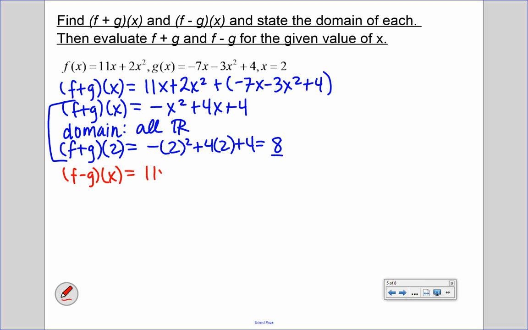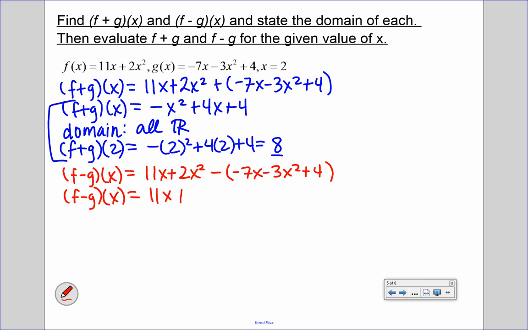So we have 11x plus 2x squared minus, now be careful, put this in parentheses, negative 7x minus 3x squared plus 4. Do not forget to distribute that negative to each one of those. So after we distribute to each one of those, we get 11x plus 2x squared plus 7x plus 3x squared minus 4. So be really careful in distributing that negative.